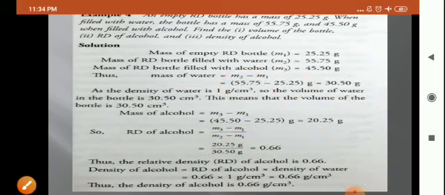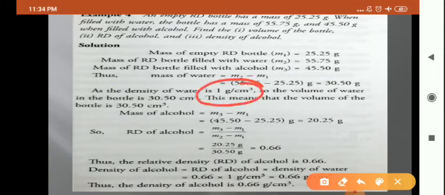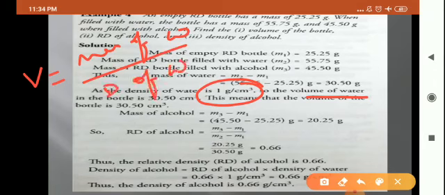Now as the density of the water is 1 gram per cubic centimeter, what will be the volume of the water in the bottle? Since volume is equal to mass, volume of water is equal to mass of water upon density of water. Yes or no?